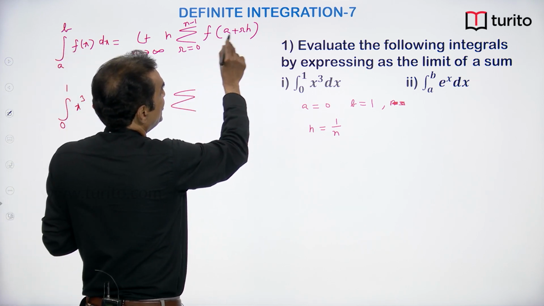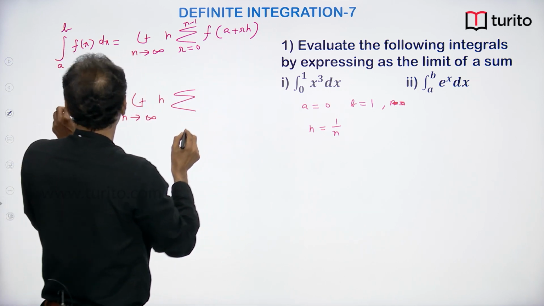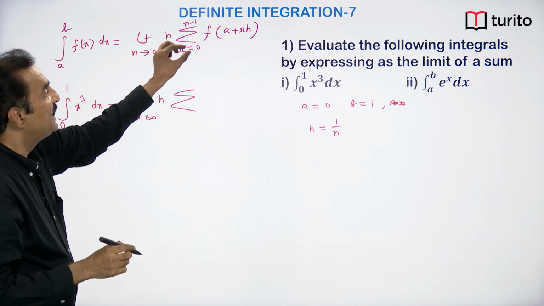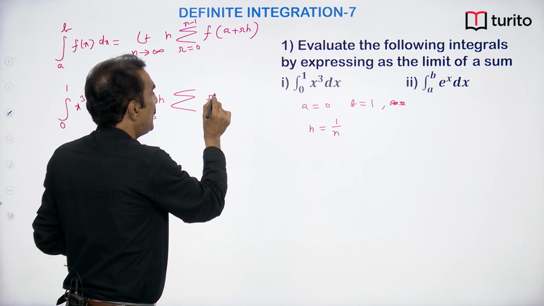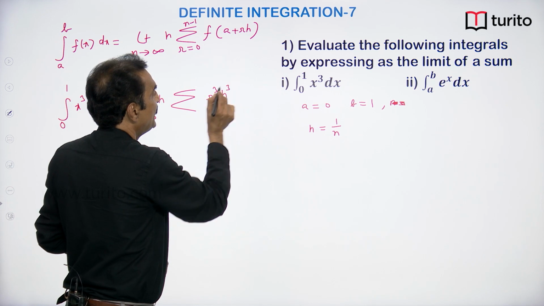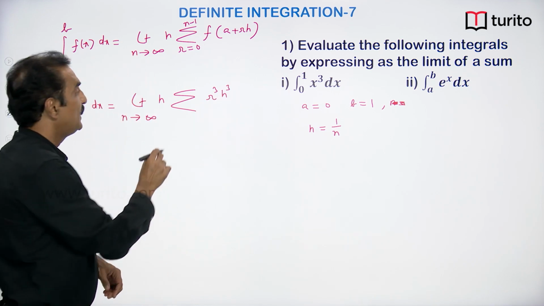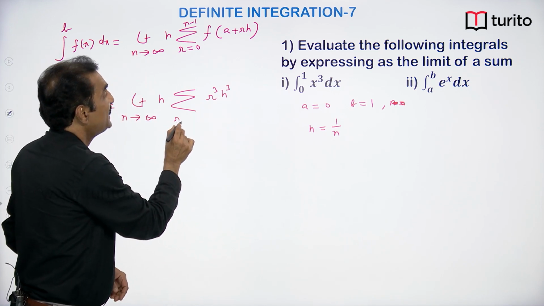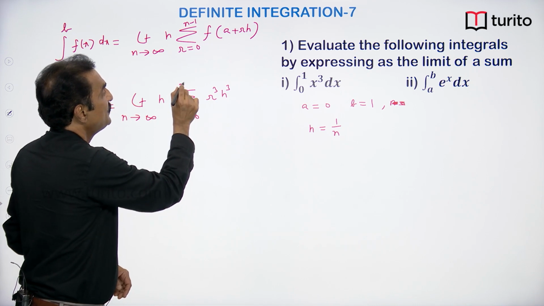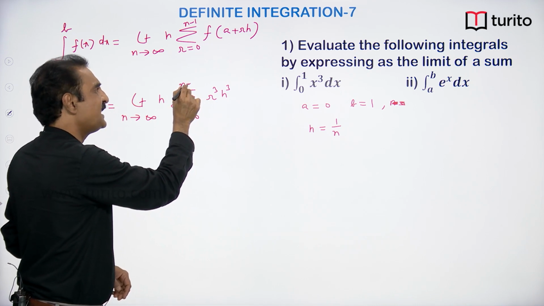a is 0, so it is f of rh. If f of x is x cube, f of rh is r cube h cube. r varies from 0 to n minus 1, I will write 0 to n, no problem.